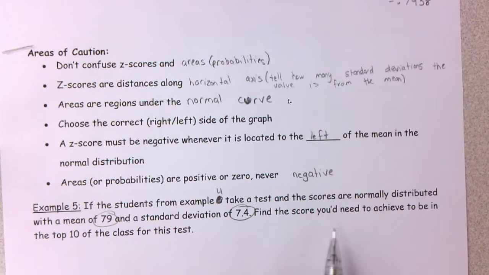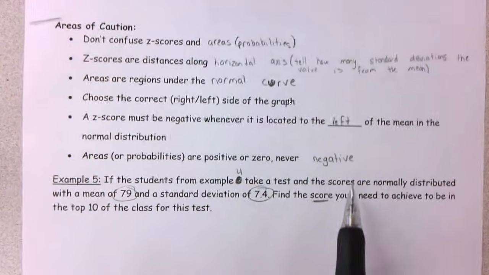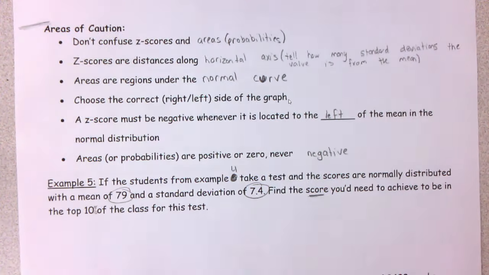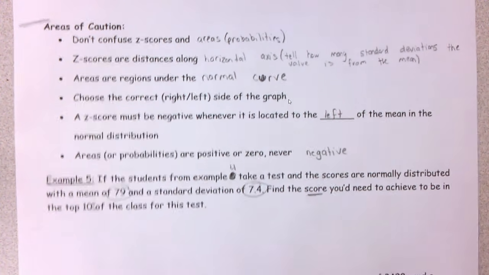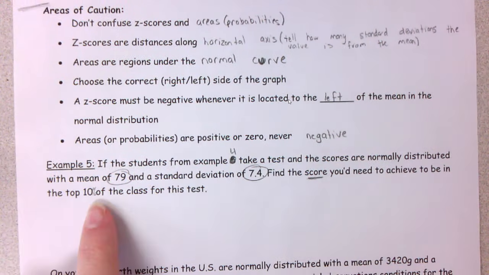I want to know the score, so I'm looking for the score. I'm not looking for the probability. What score would you need to achieve to be in the top 10% of the class for this test? So I'm looking for the score, not the percent, but I'm given the percent.